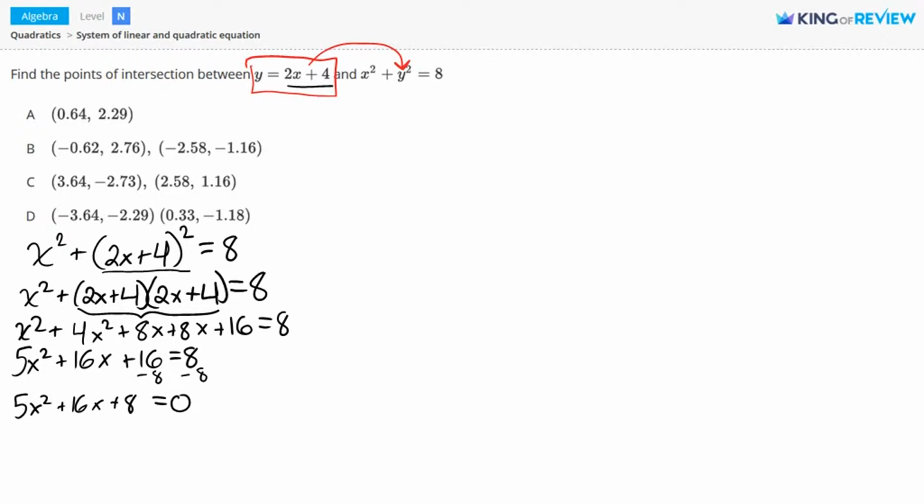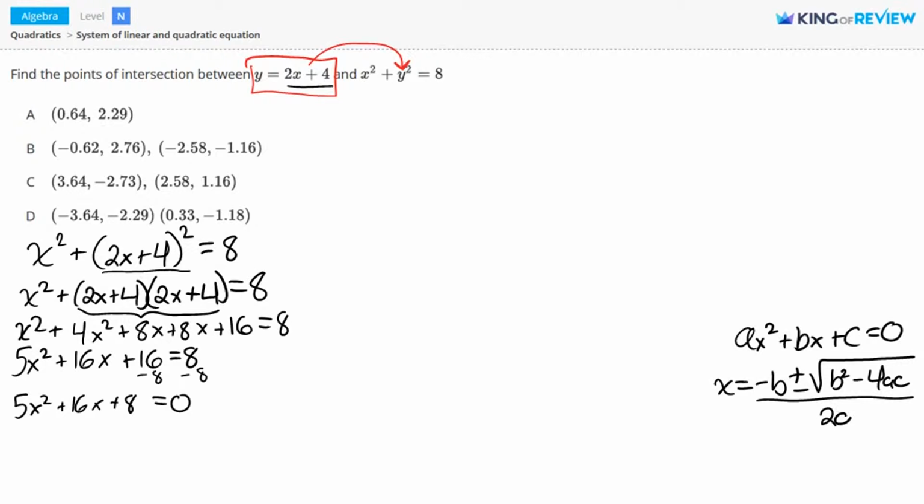This equation is in the form ax squared plus bx plus c equals 0. When I have an equation in this form, I can use the quadratic equation to solve for x. The quadratic equation is x equals negative b plus or minus the square root of b squared minus 4ac, and this is all divided by 2a.